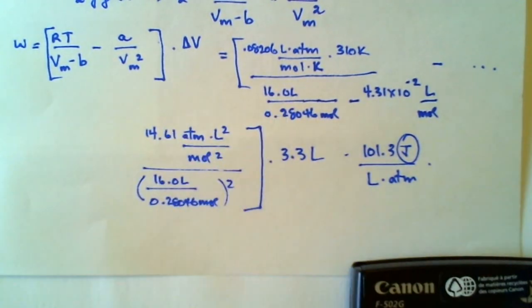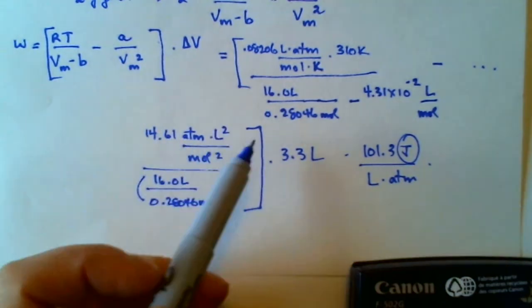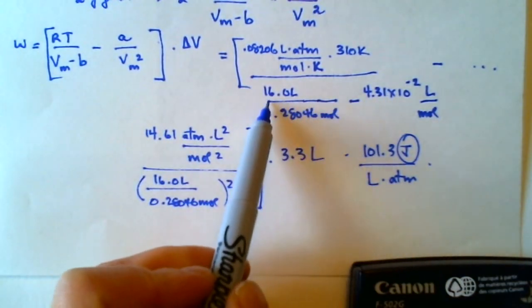I'm going to figure out this denominator first. So 16.0 divided by 0.28046. That's 57.049. That's my molar volume in the second state. And I take away from that 0.0431. And that's 57.00 on the bottom.